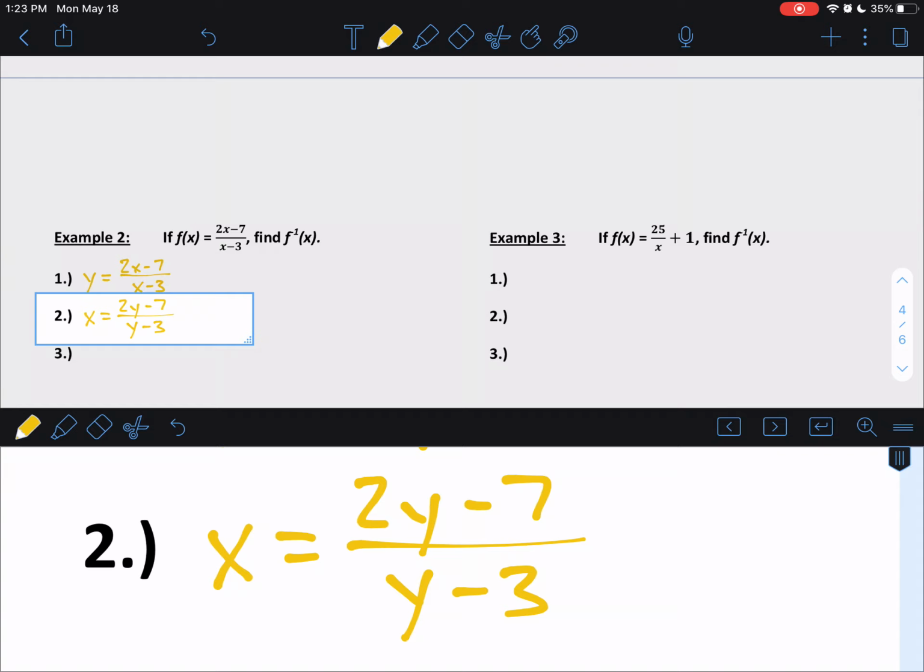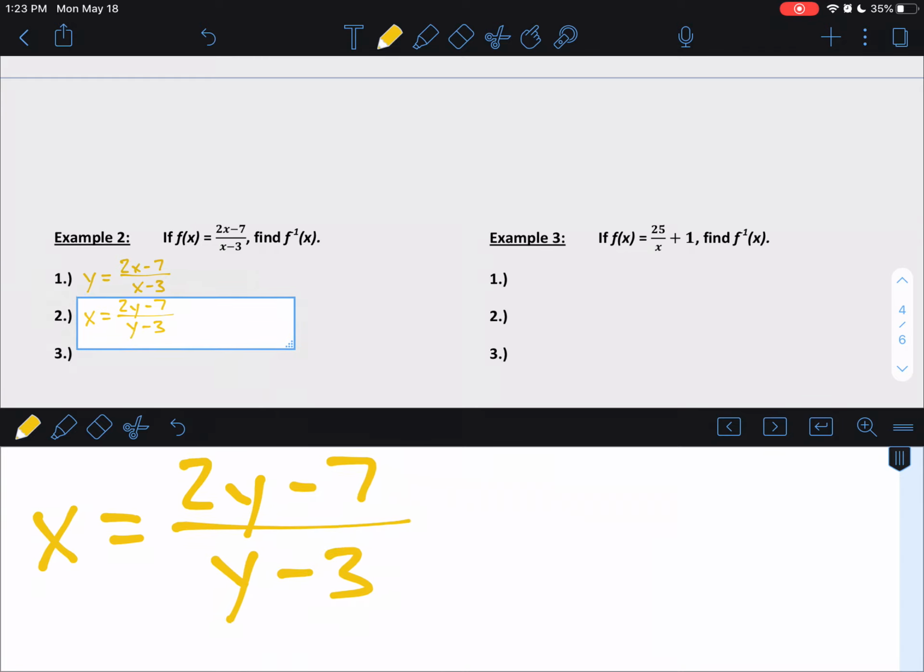But eventually, we are going to be able to isolate both y's into the same y. And you'll see how I'm going to do that. But for now, I don't see anywhere I can start with this. But the first thing that it looks like I might want to do is multiply both sides by y minus 3. Because if I do that, I will be getting rid of that denominator.